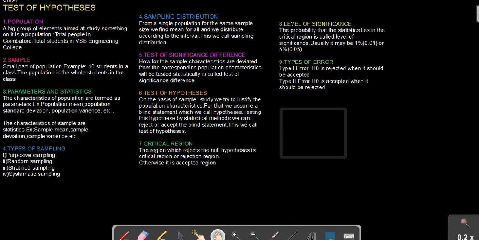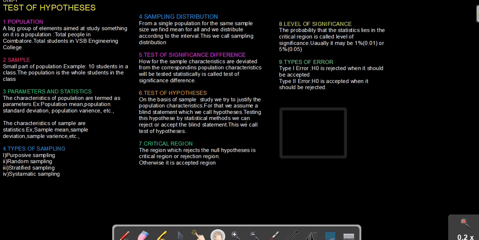If the statistic falls on the negative side, I mean the rejected side, then it is called the critical region. So the critical region decides whether the statistic lies in the accepted region or the rejected region. This is what we call a critical value.